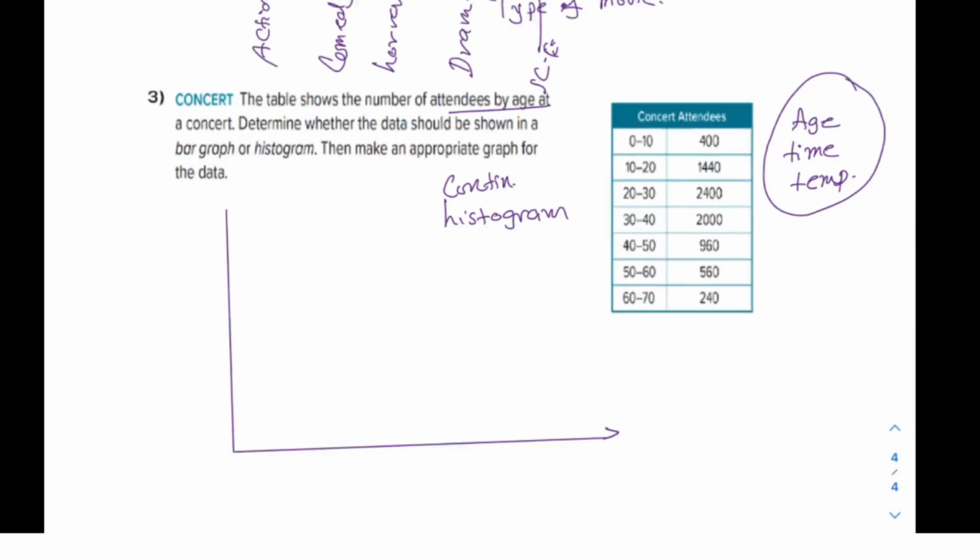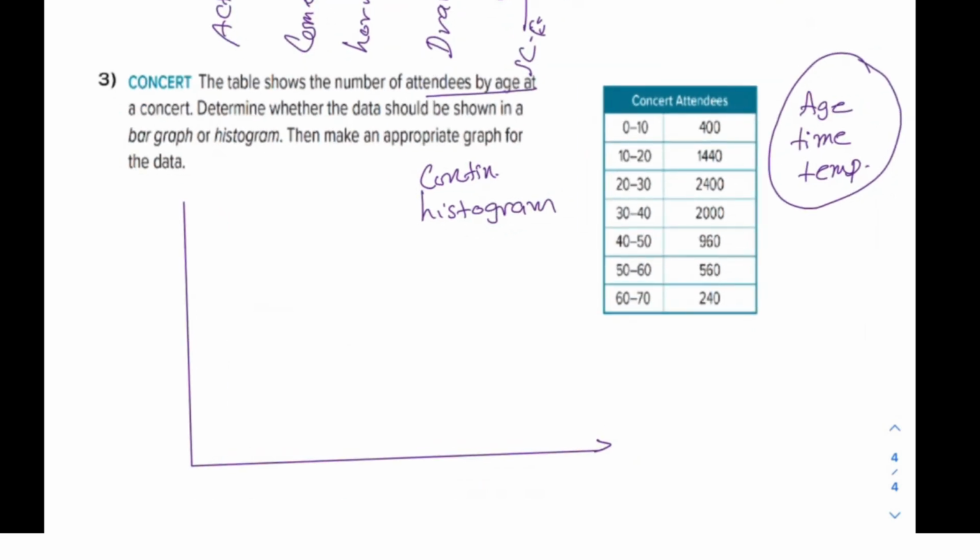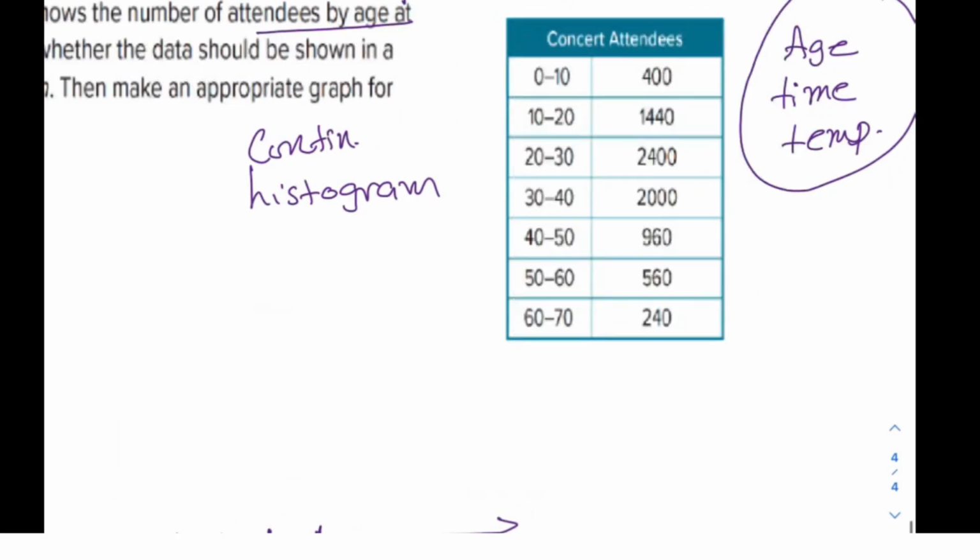So the first interval will be from 0 to 10, and we have to book a space for her, 0 to 10. Then we have directly after that, the next one, 10 to 20, then 20 to 30, then 30 to 40, 40 to 50, 50 to 60, and 60 to 70. Now here we have to choose a good scale. The minimum here, we have 240. The maximum is 2,400.